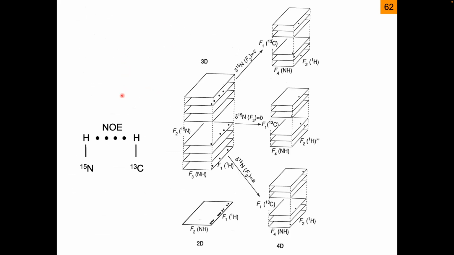But it would be nice eventually to know also the frequency of the heteronucleus that is attached to the first proton. So you could do a 4D experiment, like, for example, an N15 edited and carbon edited 4D NOSE. And of course, what it does for you is to give you more resolution, more information.